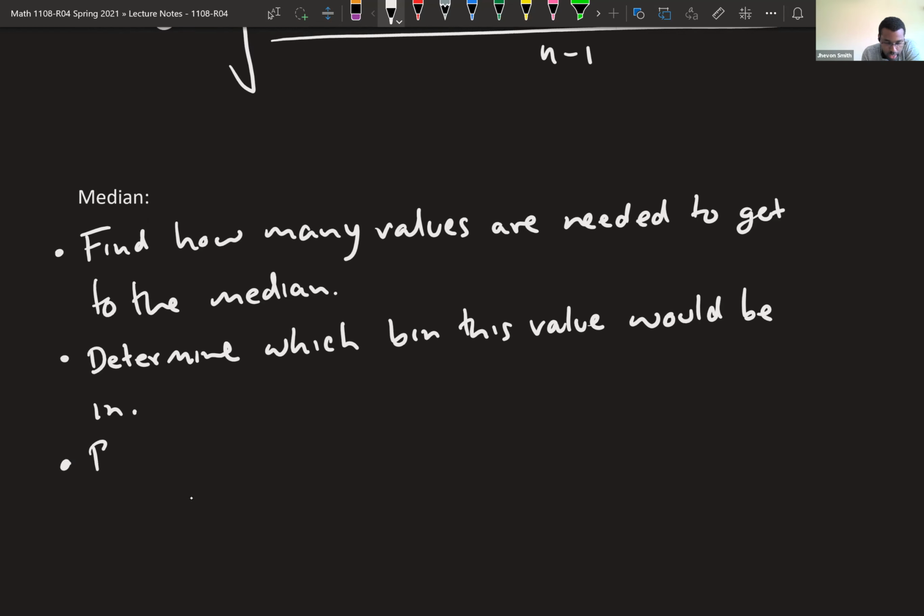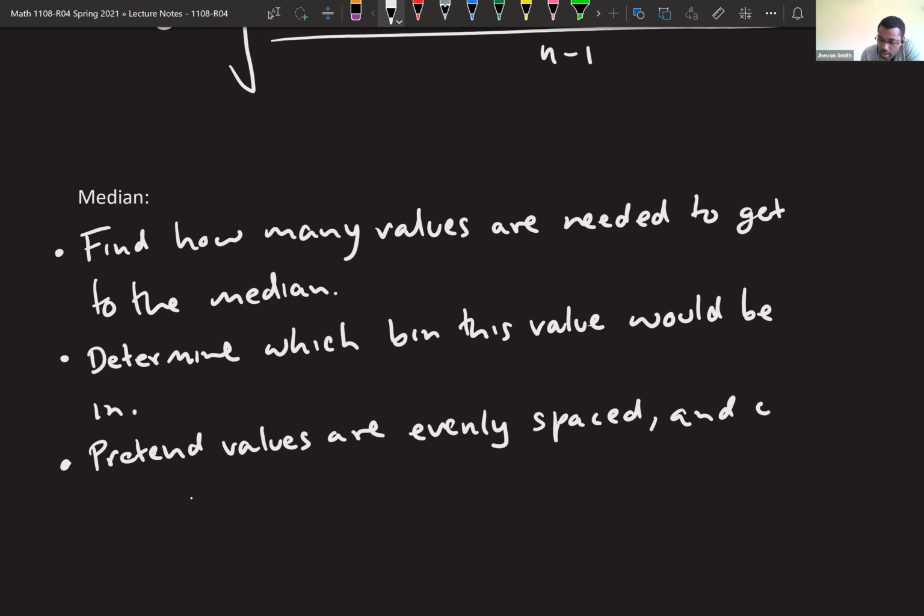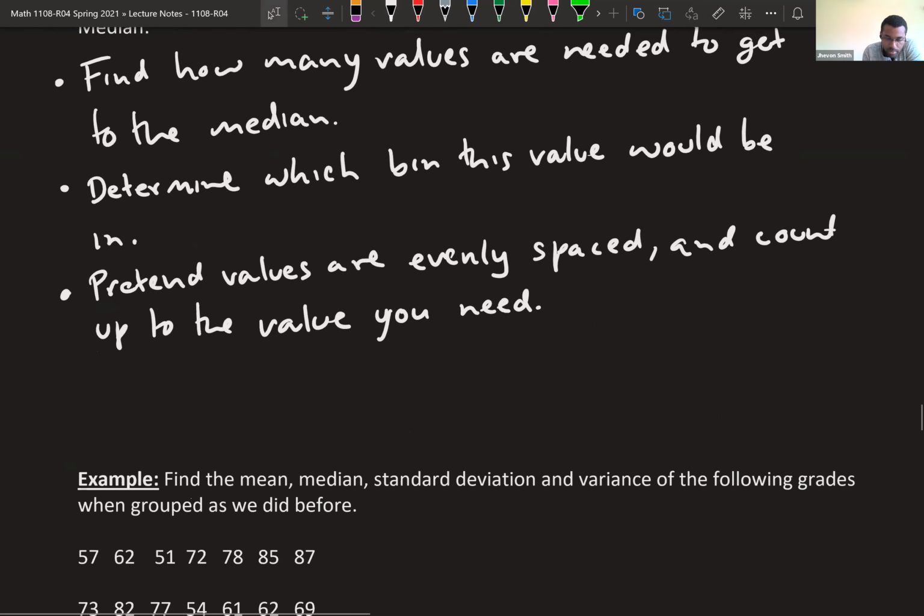You're then going to pretend the values are evenly spaced, and count up to the value you need. Need some more space here.